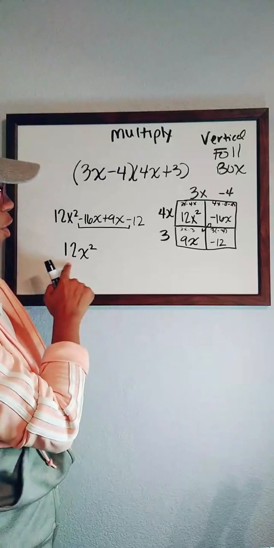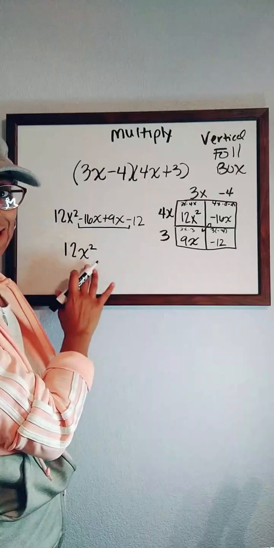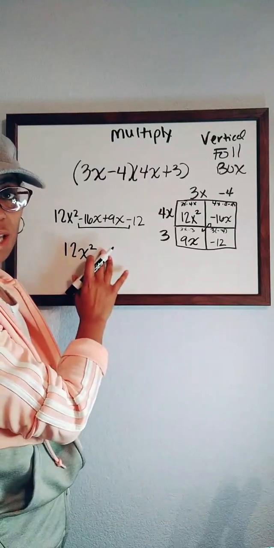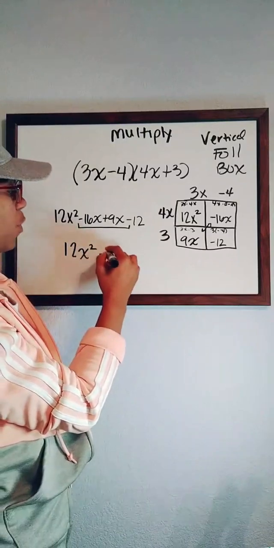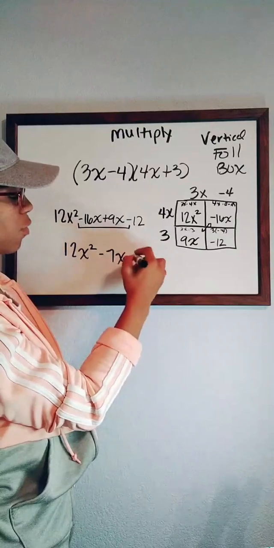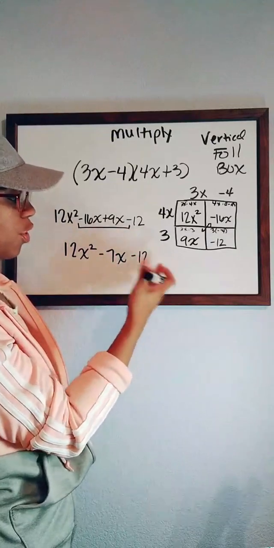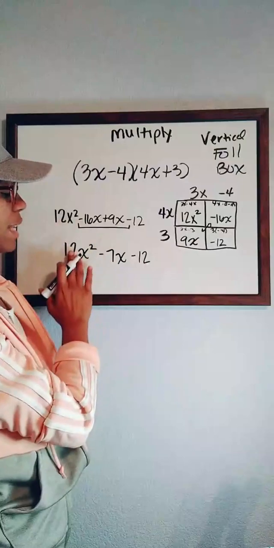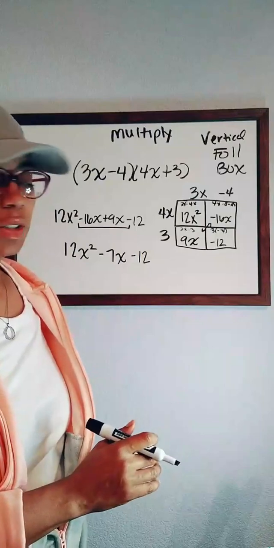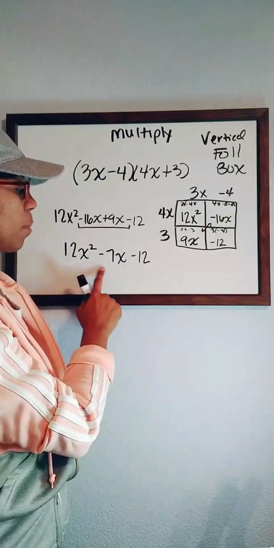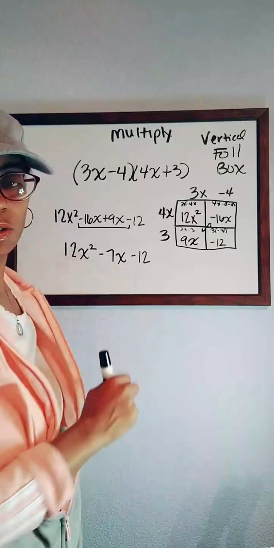So you're always going to write it in descending order based on the exponents. So for instance, we got 2 here, then we'll have x to the power of 1, and then we'll have no x's left. So you always write it with the highest exponent down to the least exponent, okay? Very good. So my answer is 12x squared minus 7x minus 12.